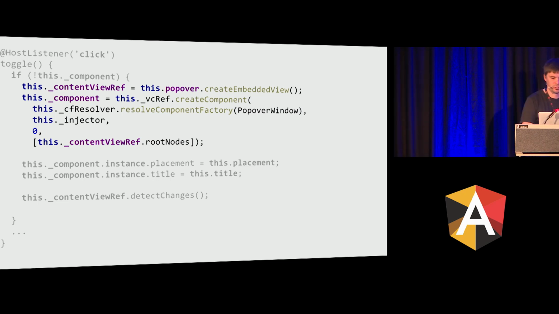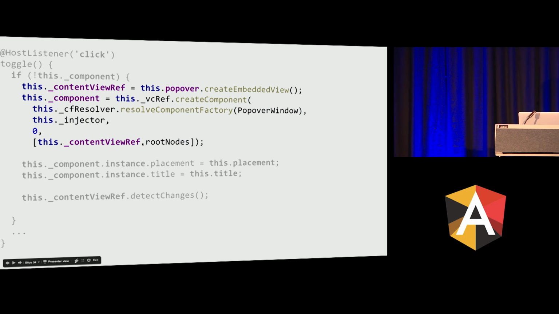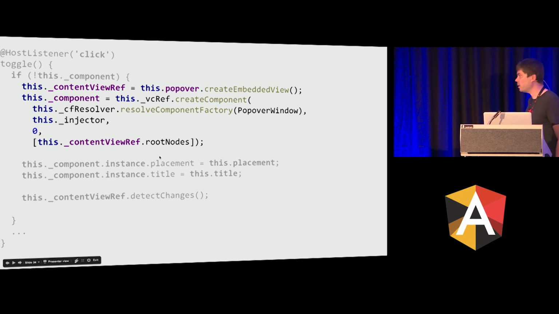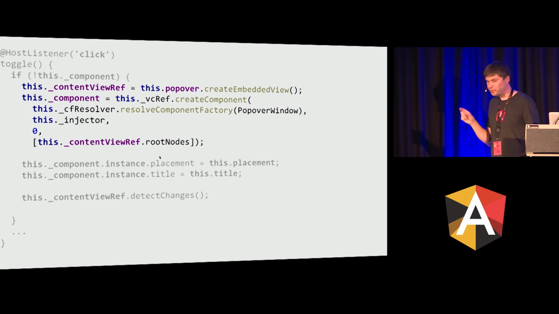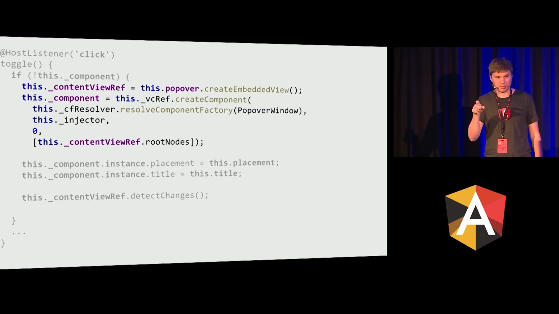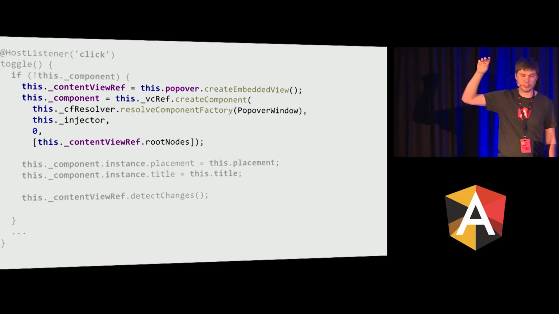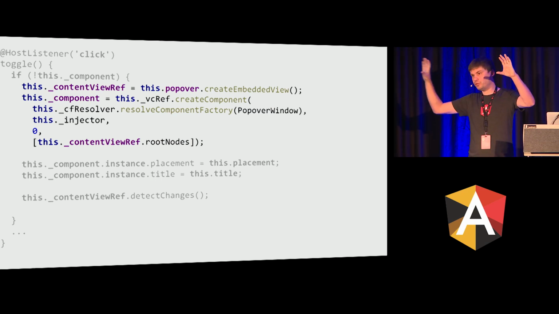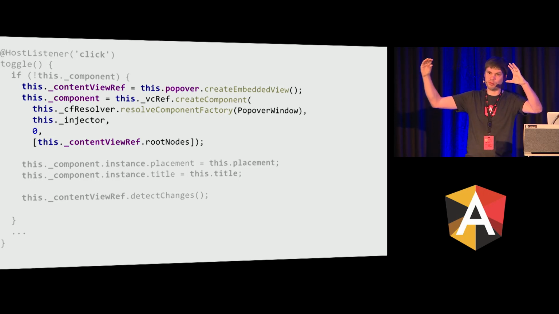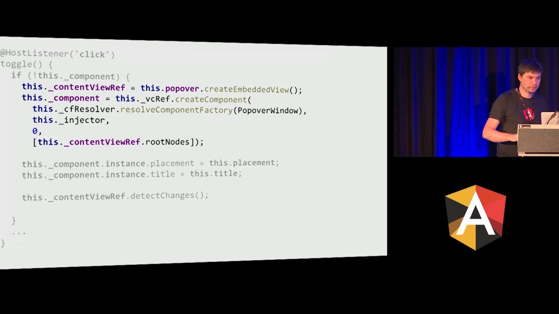But this time, you will notice this last highlighted line here saying, by the way, fill the hole in this component with the nodes from the embedded view that was created from a template. So I'm creating two views, and sticking the nodes from one view into the other.